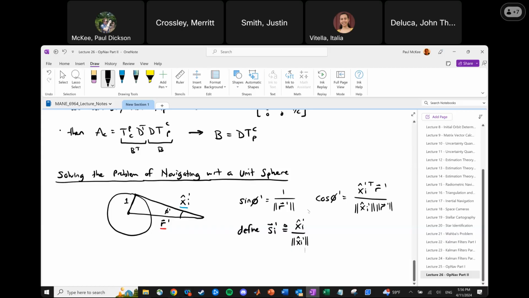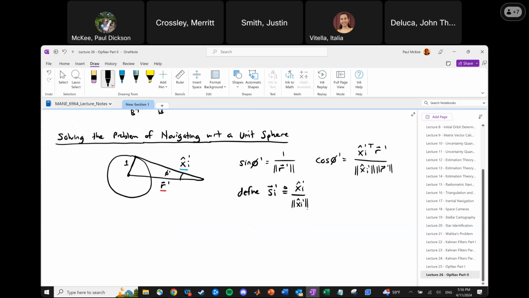So keep bearing with me. Let's revisit this cosine equation then. The cosine of phi prime is equal to s i prime, and then I'm just going to put this in parentheses, transpose, because it's going to get kind of complicated in a second. All we're doing is saying, isn't everything over here just s i prime transpose?